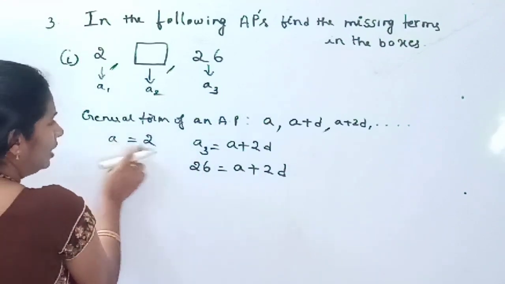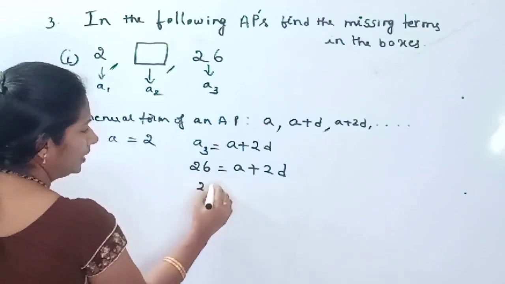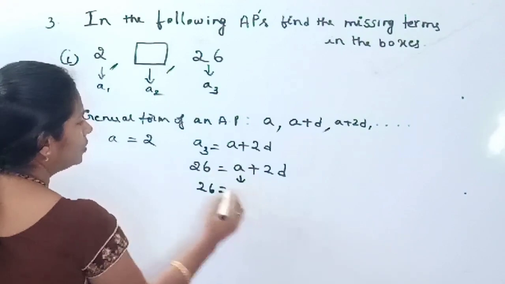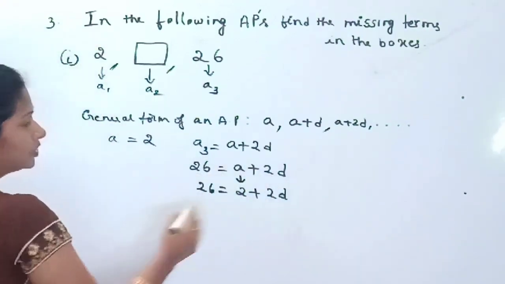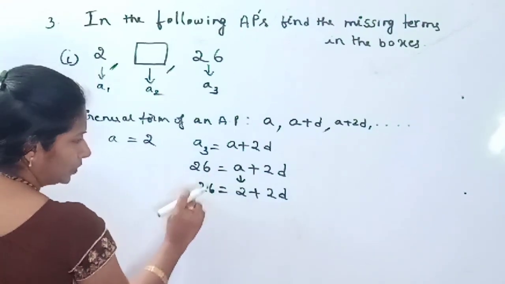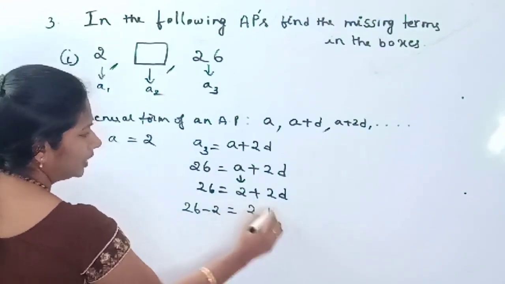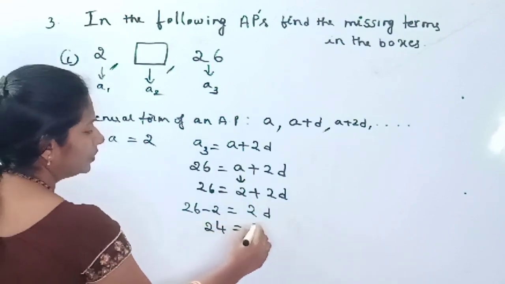Now the A value is how much? It is 2. Substitute it here, children. So 26 equals, in place of A, I'll substitute 2, 2 plus 2D. Now transpose this 2 to the left hand side. 26 minus 2 equals 2D. 26 minus 2 is 24 equals 2D.